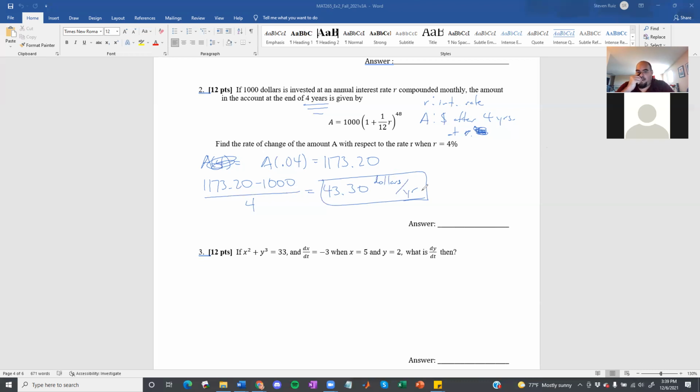They're asking, if I were to alter the rate a little bit, how would that affect how much money I get? I want to know how the bank account responds to the interest rate, not how it responds to time. Gotcha. And really, this is A as a function of R, so that's the only instantaneous rate we're going to get.